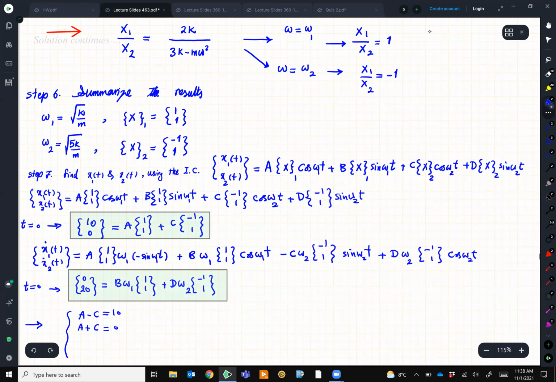And then I have b omega 1 plus d omega 2 equal to 0. And this guy, I have b omega 1 minus d omega 2 equal to 20.